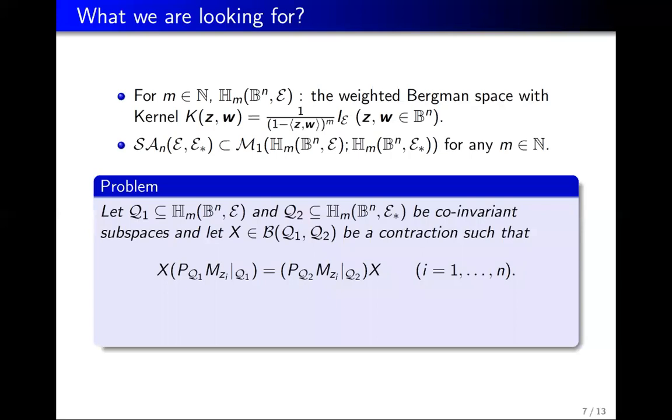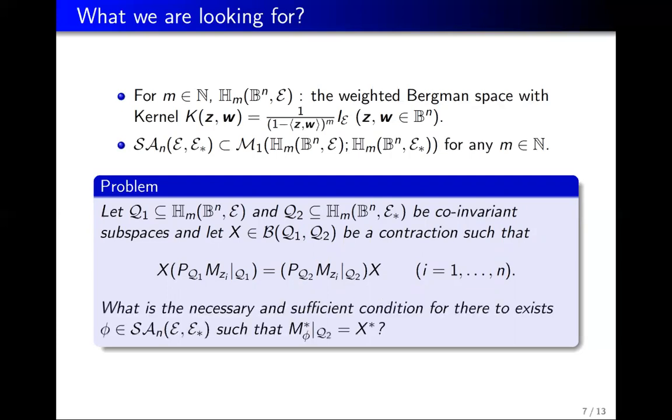And again, as before, you take a bounded operator X from Q1 to Q2, which is a contraction, such that it again intertwines with the compression of these coordinate multiplication operators. So the question is, can you find a necessary and sufficient condition so that this X has a lift? X can be lifted to some M sub phi, where phi is coming from a Schur-Agler class of functions.